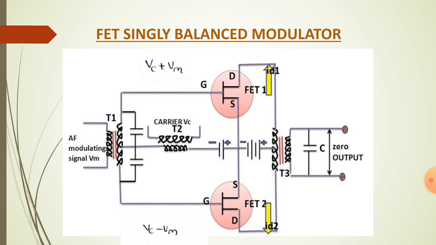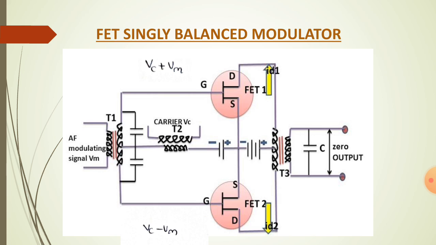This current will be cancelled, so at the output we can see the carrier is suppressed. Now we apply the modulating signal. Then the currents in the FETs will not oppose each other; they are equal in magnitude and equal in direction.